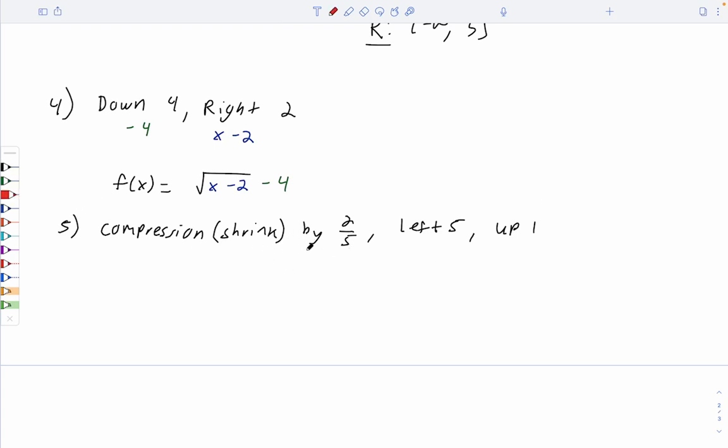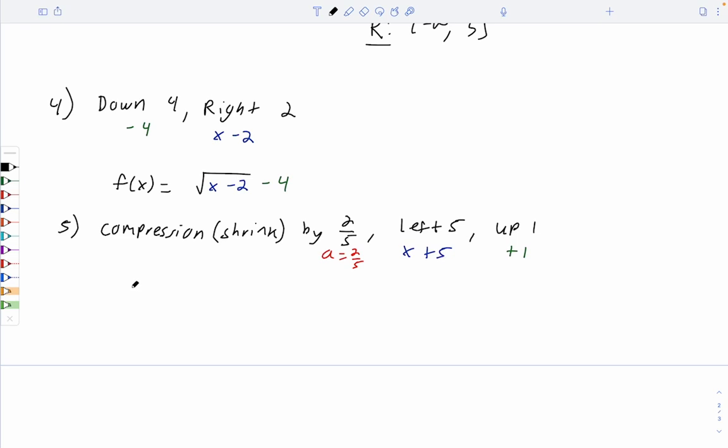So this means that our a value is 2/5, okay? Then the left 5 means inside we're going to have x plus 5. And then up 1 means our k value would be +1.